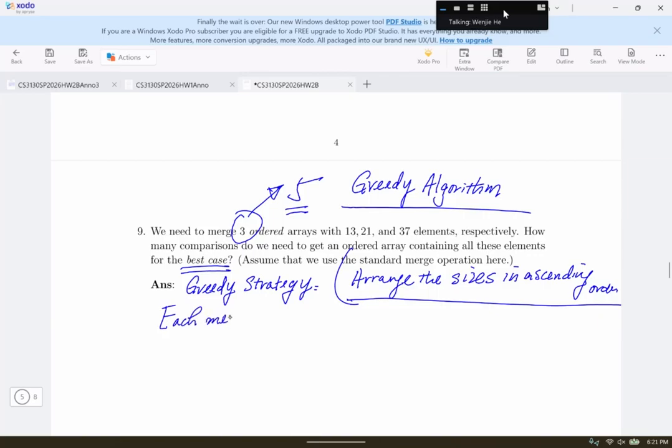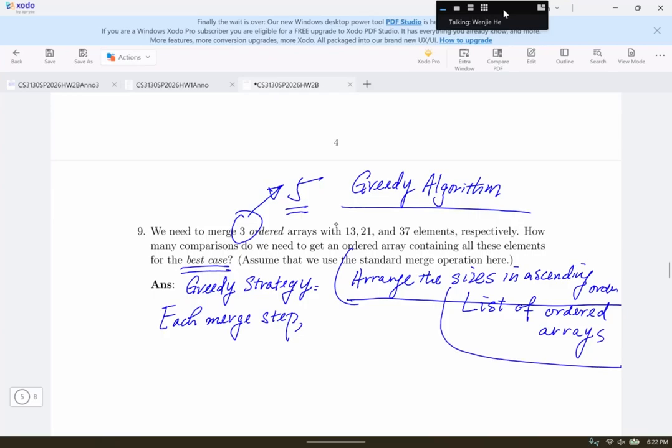When we have a list of ordered arrays, we need to pick 2 from the list. But how do we select 2 arrays from the list?